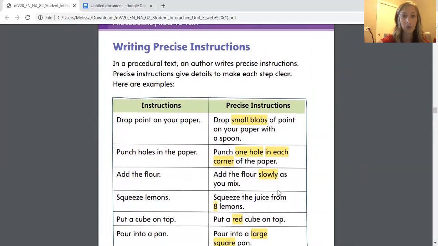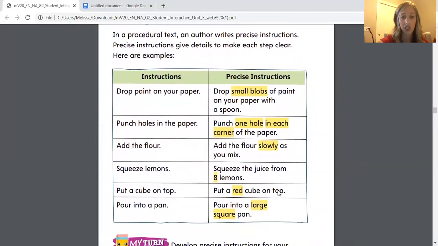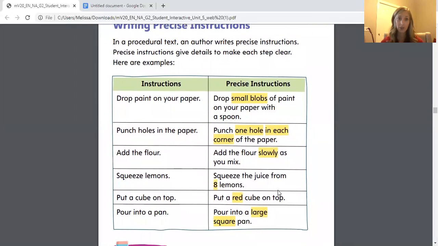And this page is all about writing precise instructions. So you'll notice that when you read a procedural text or a how-to, those precise instructions are giving details to make each step clear. You really want it to be detailed and specific. So I'm going to let you read this page to yourself, but you'll notice instructions on the left-hand side are simple.